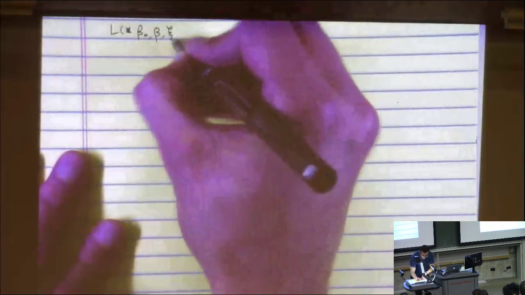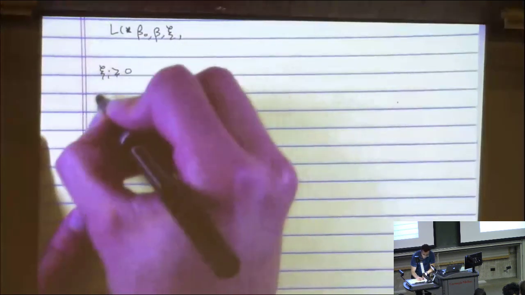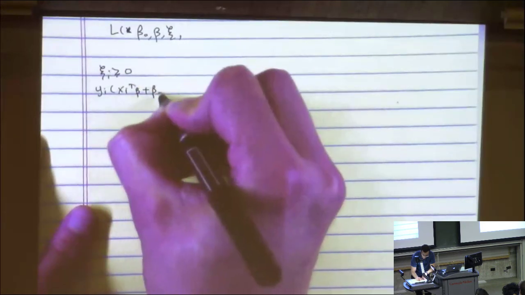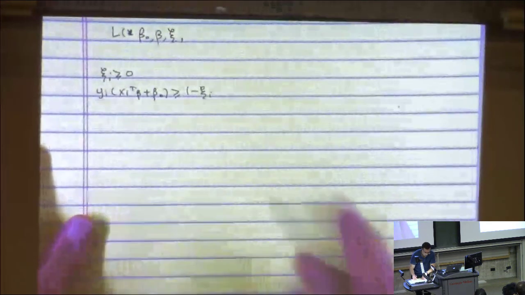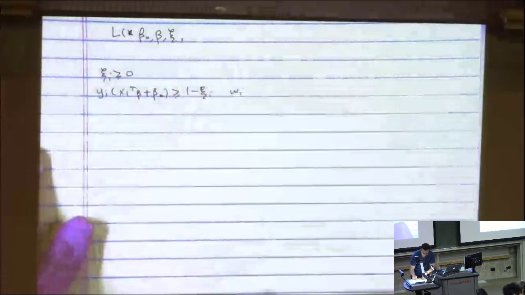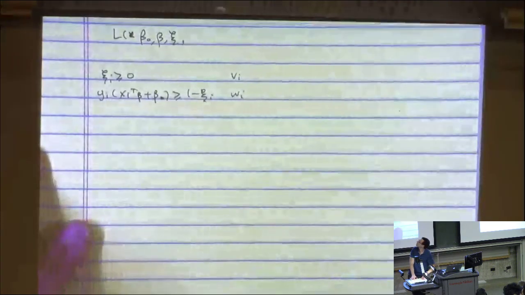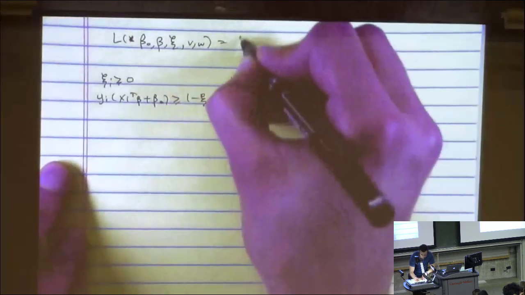Let me write down the constraints for you. I'm going to define a dual variable wi for each one of these, and vi for each one of these. And the Lagrangian is just the criterion.